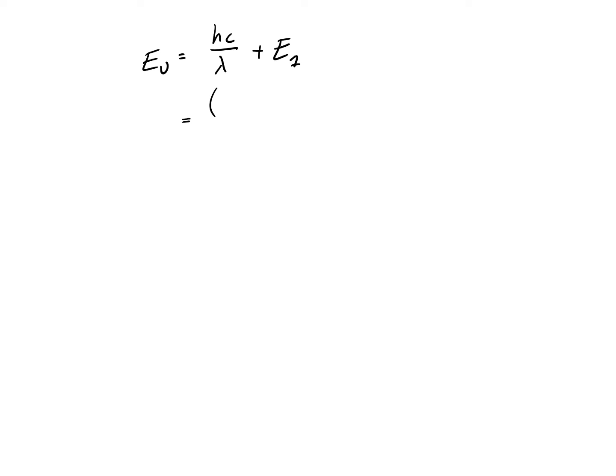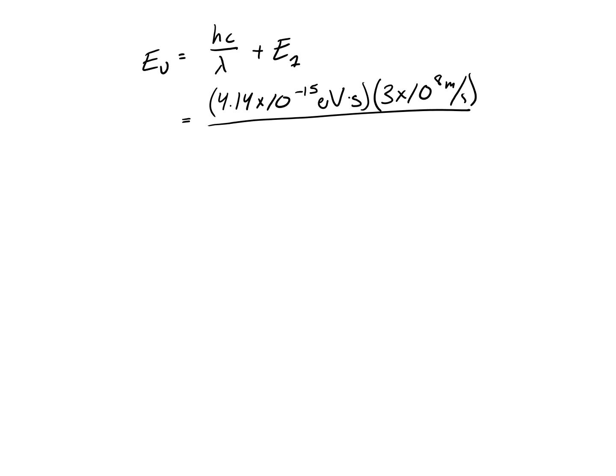I'm going to be dealing with everything in terms of electron volts, so 4.14 times 10 to the negative 15 eV times seconds, 3 times 10 to the 8 meters per second, divided by the wavelength. For best practice, we should use the extra sig fig.